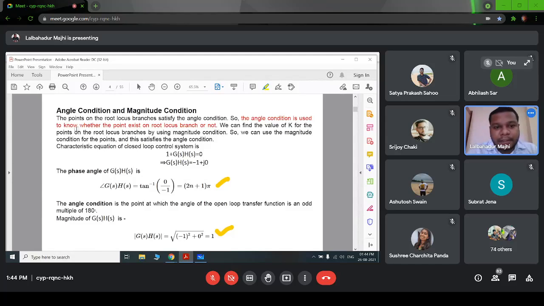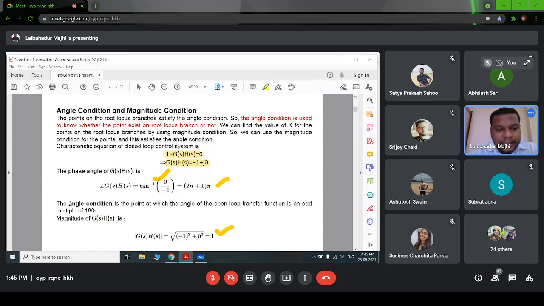Okay. So we know the characteristic equation: 1 plus G(s)H(s) equals 0. So we can write G(s)H(s) equals minus 1 plus j0. If we calculate the phase angle, then we will get tan inverse of 0 by minus 1, so we will get (2n plus 1) into pi.